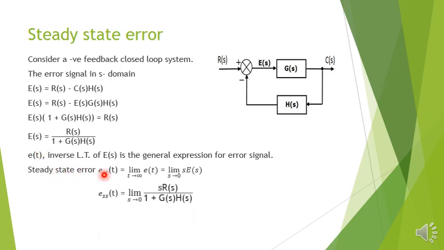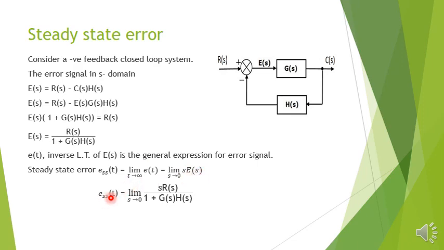Steady state error at steady state, ESS of t, is the limit as t tends to infinity of E of t. This is because steady state is obtained as t tends to infinity. And from the final value theorem, it is equal to limit as s tends to 0, s E of s.